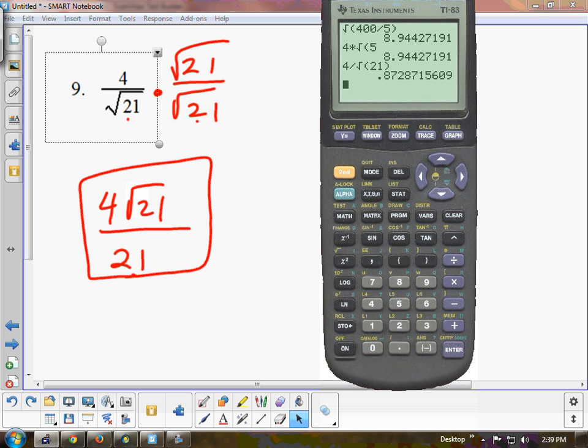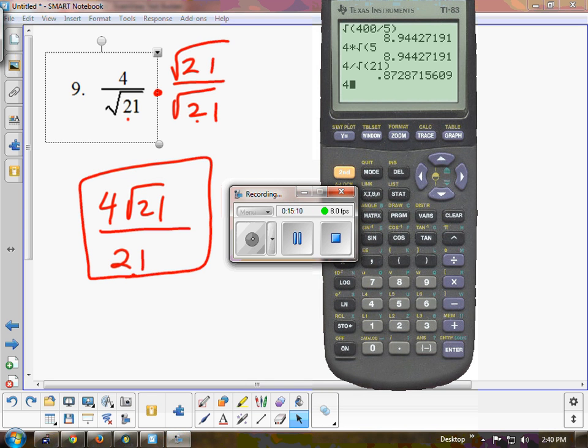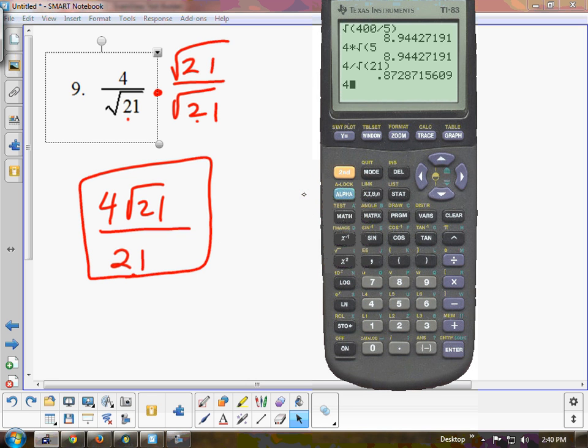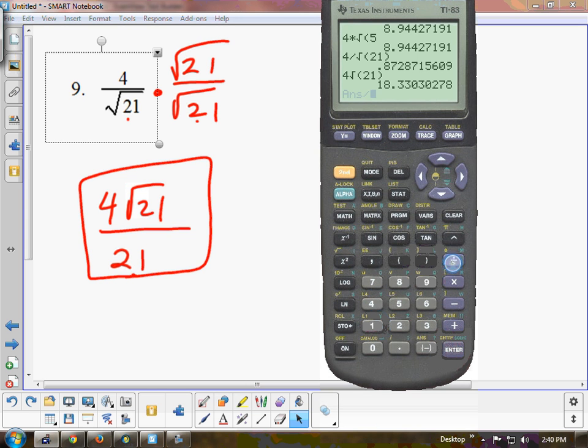And then let's try 4. Okay, we were checking this question. 4 times radical 21, in the parentheses, enter, and then divide that by 21, and you'll see you get the same answer, so it does check.